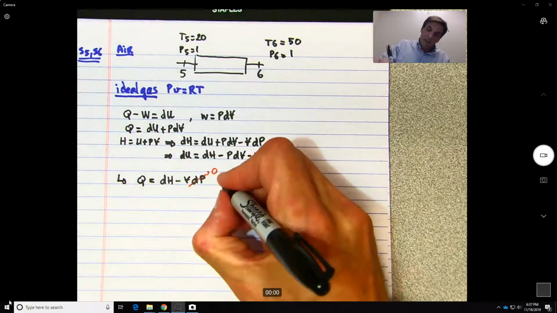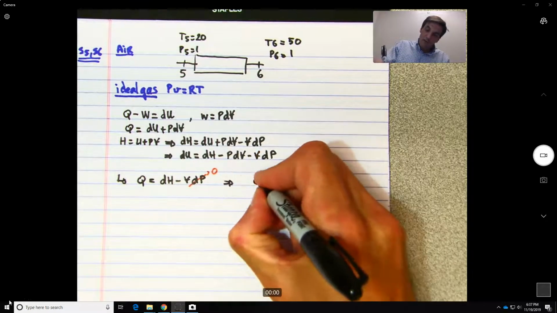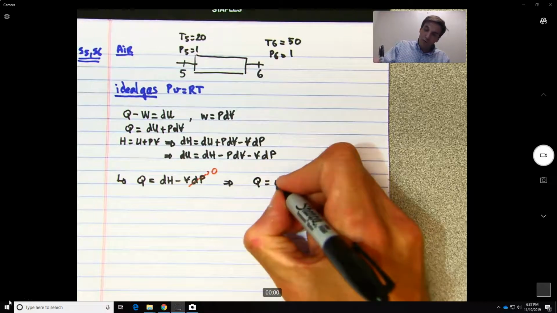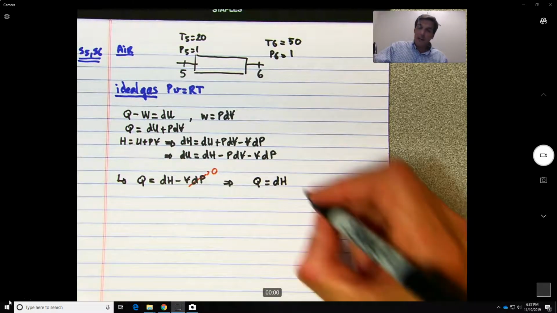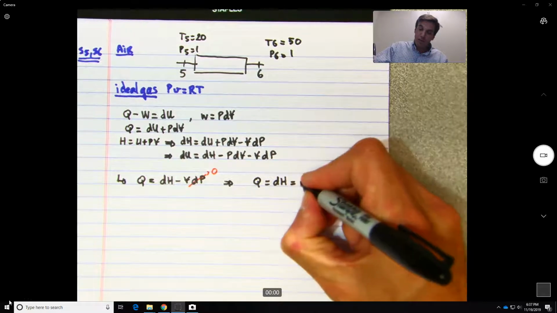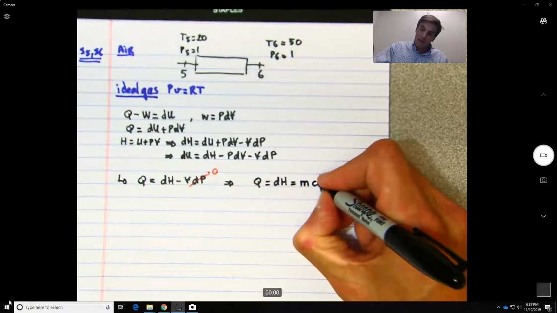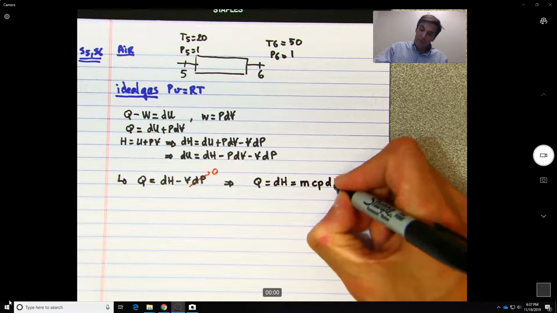So basically this means that just Q will be equal to dH. Okay? And for an ideal gas, this will be equal to what? M Cp dT.